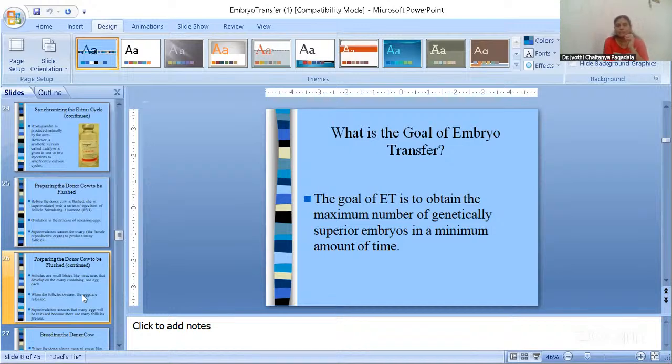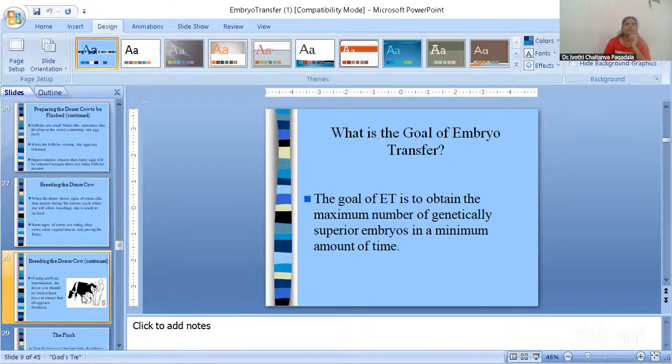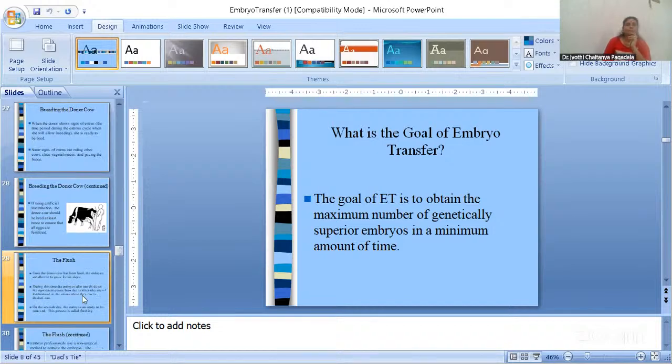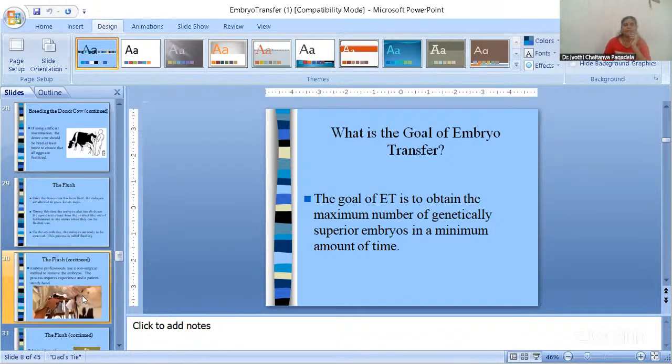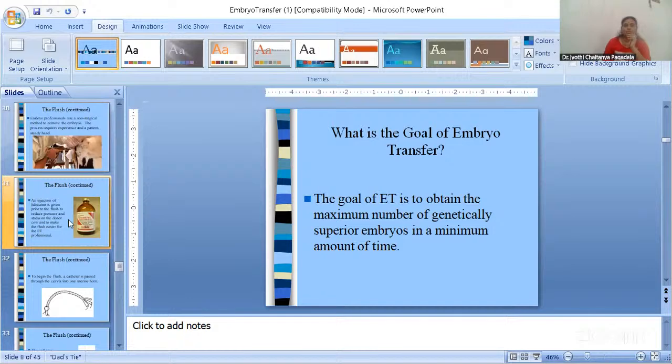We also discussed the activation of hormones in the female and male, breeding the donor cow, how to flush, and the techniques used to flush the embryos.